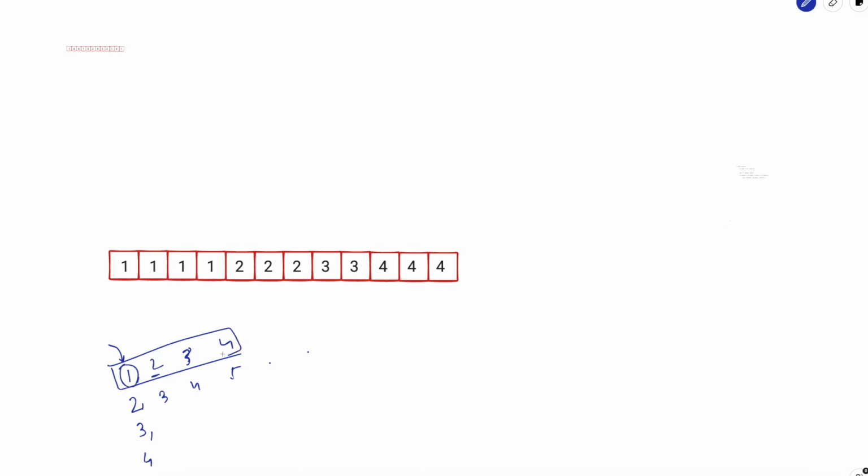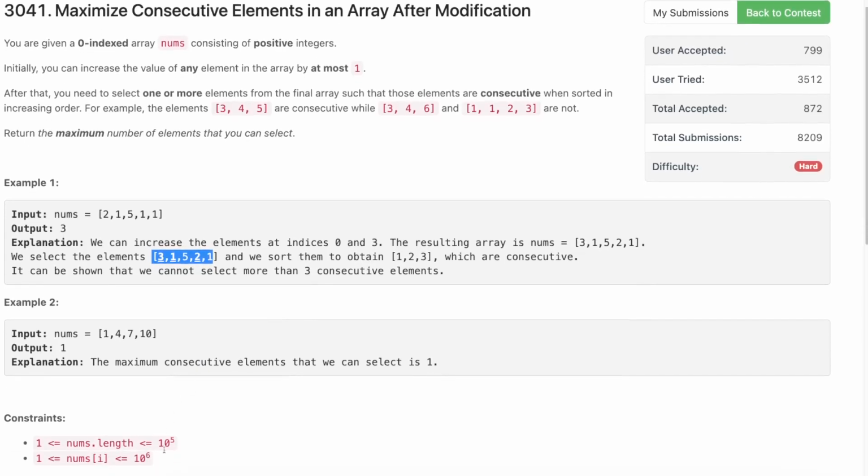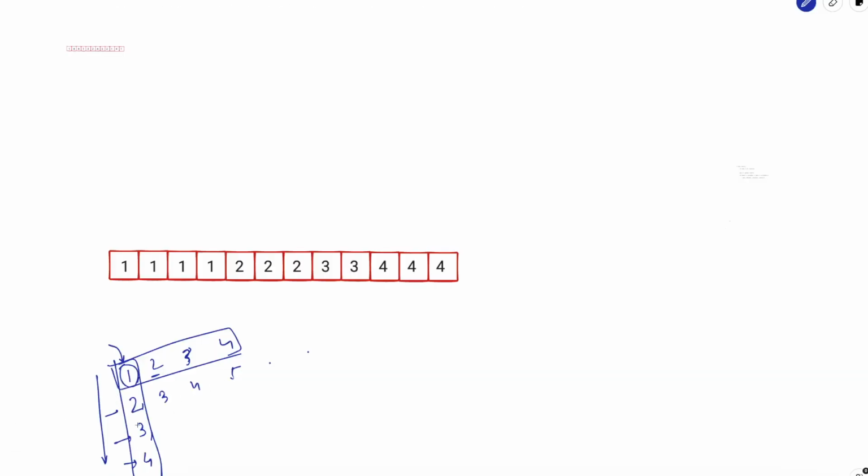Now note that whatever I do for 1, I will have to do the same thing for 2, 3, 4, and 5, and we will keep on doing this until all the elements are exhausted, and we'll take the max across all of them to get the answer, right? Now till what value will we do this? The maximum value in the array, which is 10 power 6. So we'll keep on doing this up to 10 power 6 and we'll stop there.